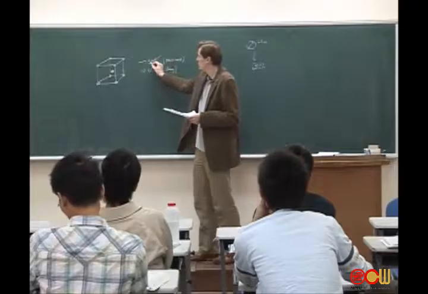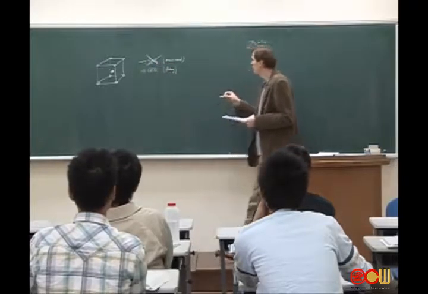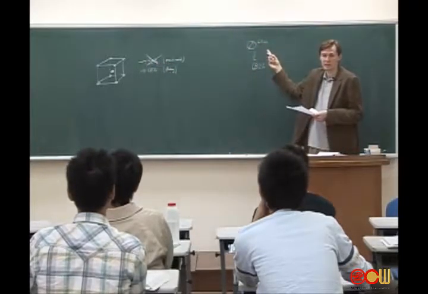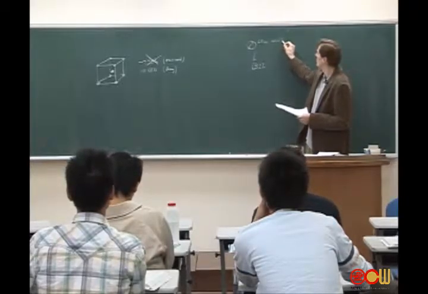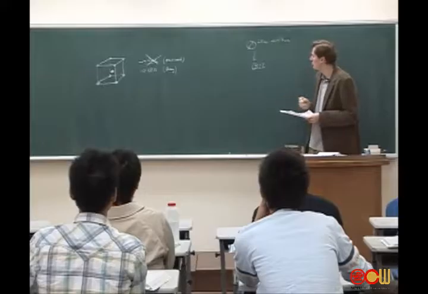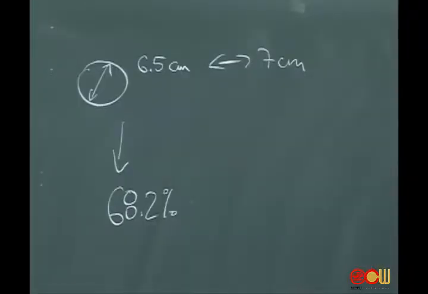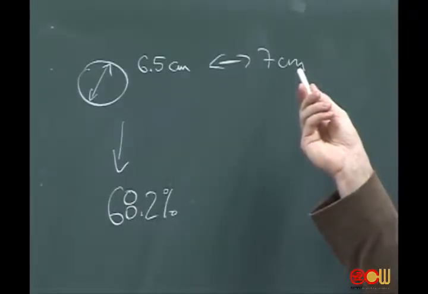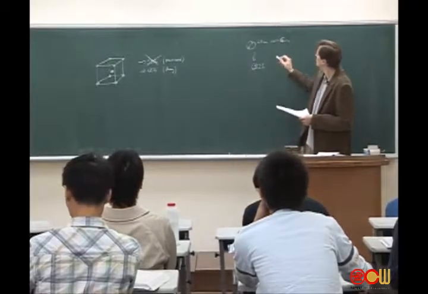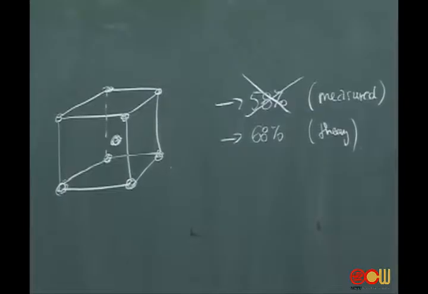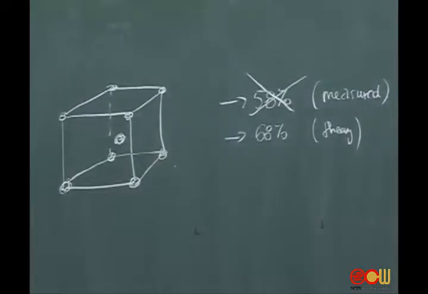So this was just a simple experimental error in measuring the diameter of the ball. I think we measured it to be 7 centimeters in the classroom. Or maybe 6, I don't remember. Maybe 6. Yeah. So we got the wrong 58%.